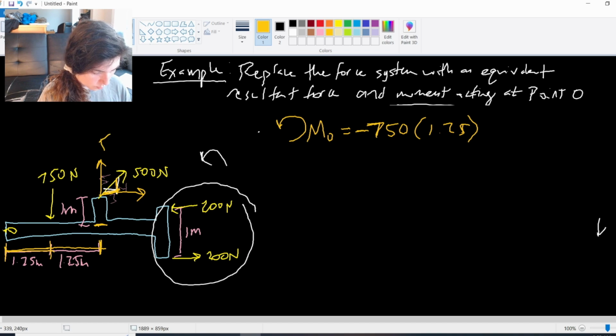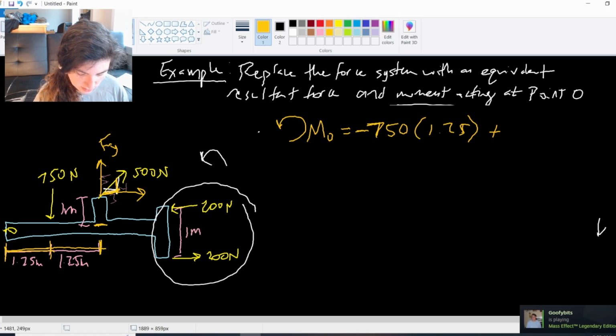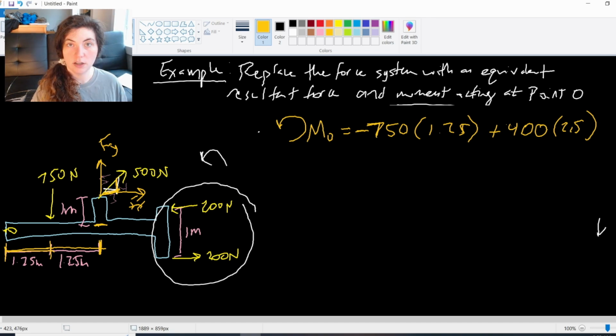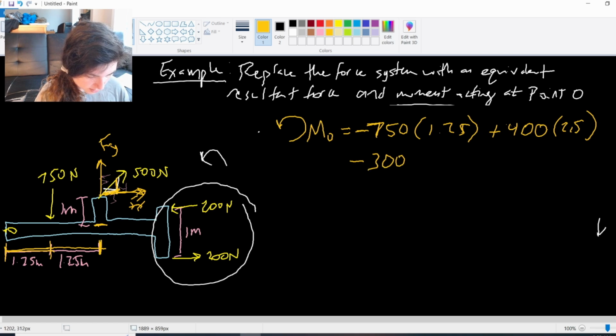So for my y component here, it will be plus my y component we said was 400. 400 times 1.25 plus 1.25 is 2.5. Right, so that's the y component times this distance. Now I'll need the x component, which is going clockwise. So it'll be a negative 300 times the perpendicular distance here is 1.